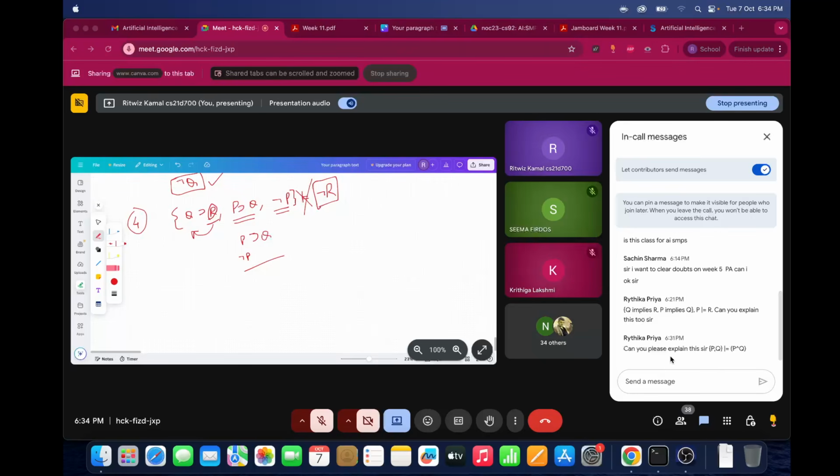Yes, this and this. The second row is not relevant to us, because P implies Q is false over there, and this is also not relevant to us. So only the last row is relevant, where P implies Q is true and not of Q is true, and there you can definitively say that not P is also true.